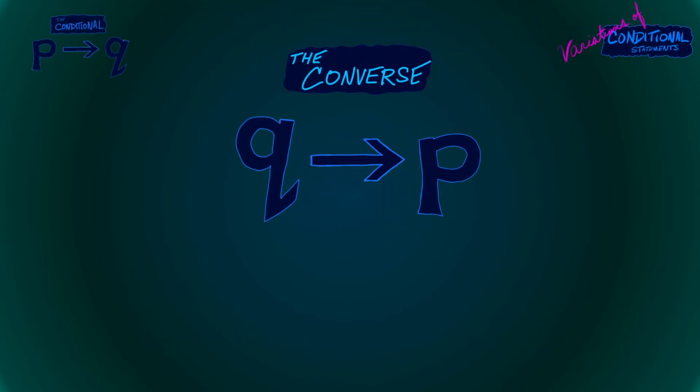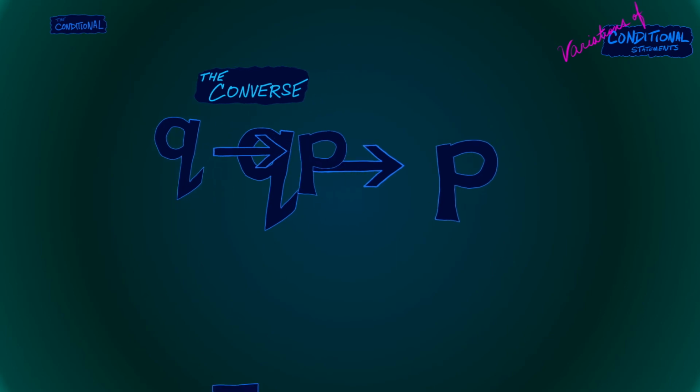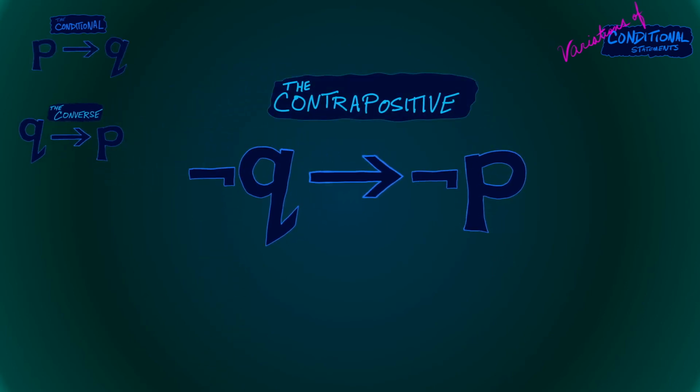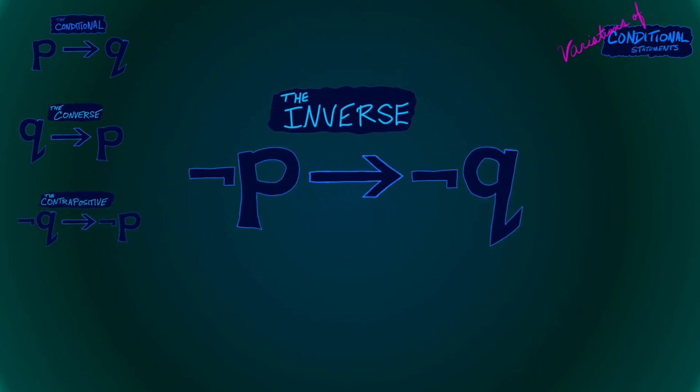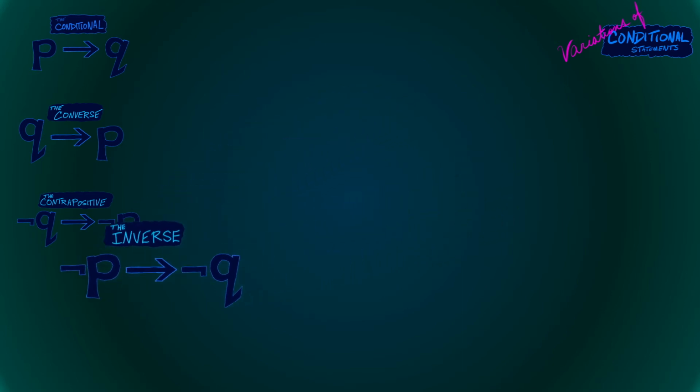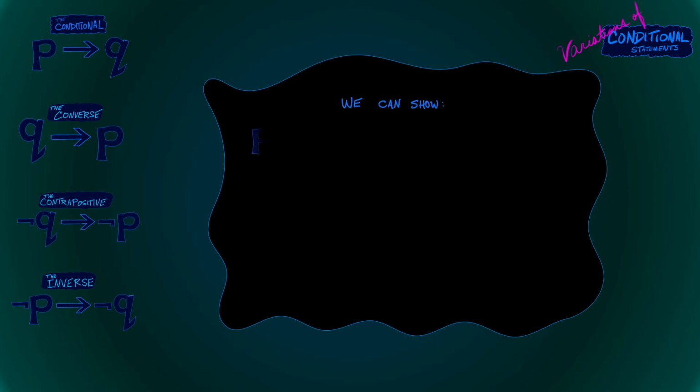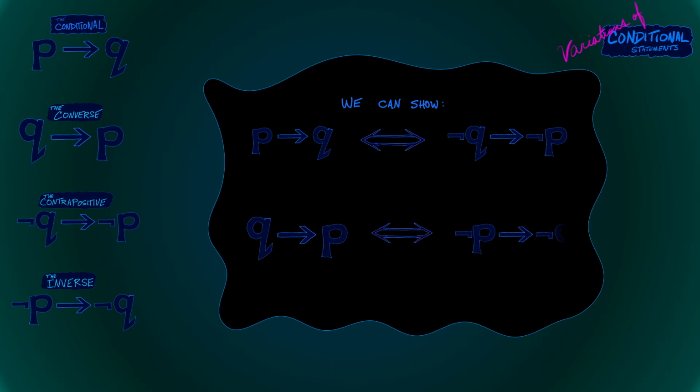Next we have a variation of the conditional. This is the converse. This is if Q then P. We have the contrapositive, if not Q, then not P. And lastly, the inverse, if not P, then not Q. And so we can end up showing, logically, using a truth table, that the conditional is logically equivalent to the contrapositive, and the converse is logically equivalent to the inverse.